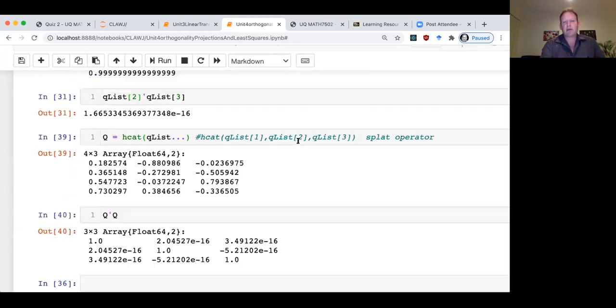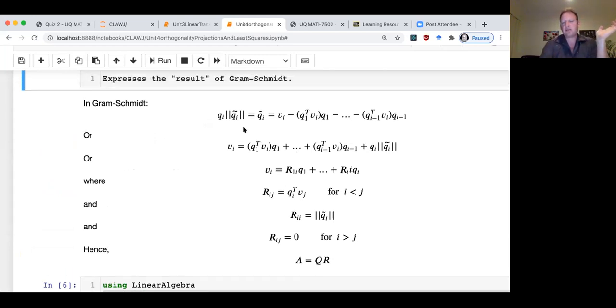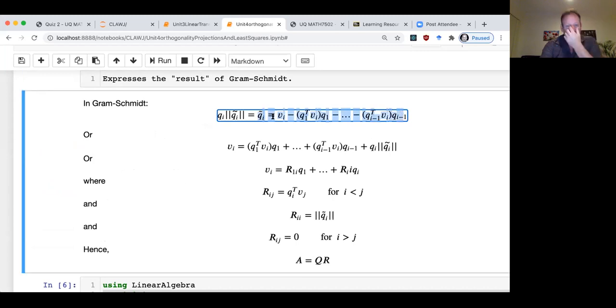Now, with the QR, we're going to keep these relationships in A equals QR. These are the equations. The key equation in Gram-Schmidt was this: Qi tilde was Vi minus all the i minus one other vectors of the previous Q's. When we divide this Qi tilde by its norm, we get Qi.